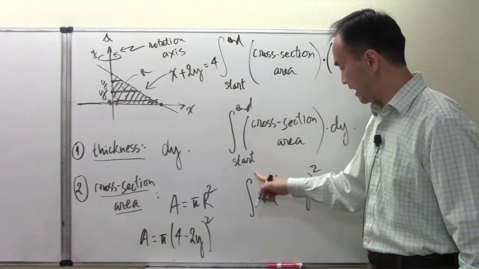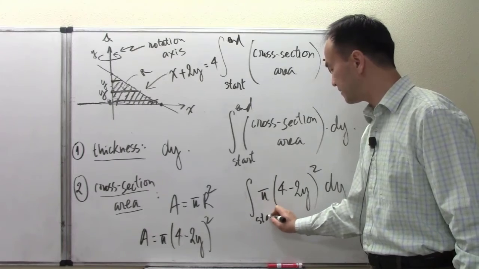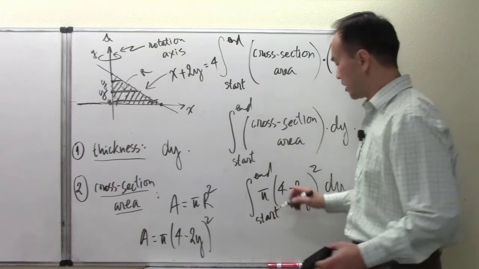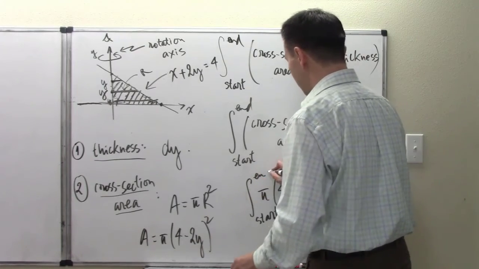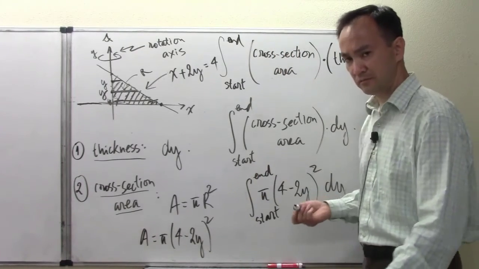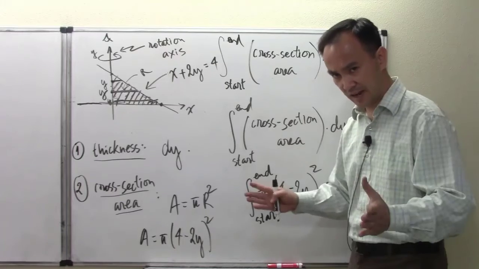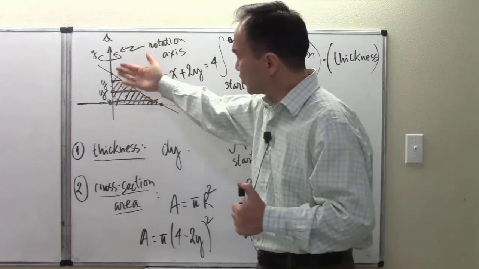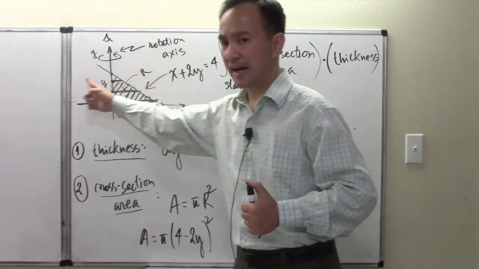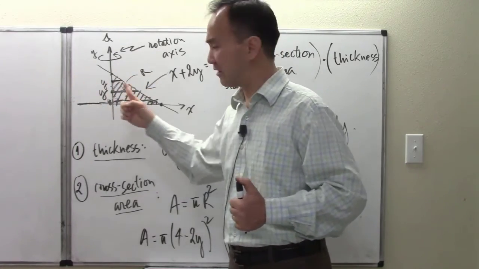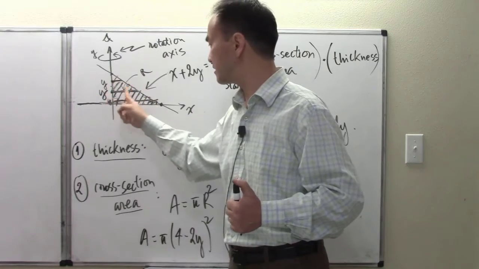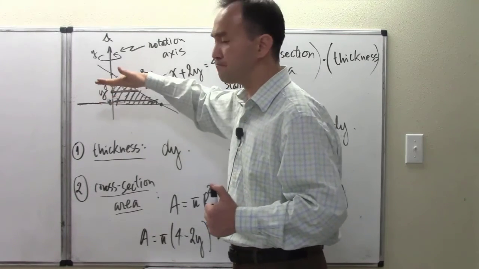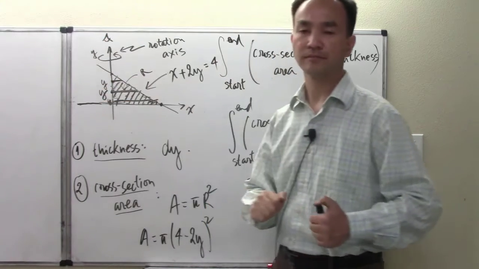Now it's time to find the start and the end of our accumulation. Once again, in my lecture video that had the general discussion about this method, anytime our solid came out from rotating the region around the y-axis, then the accumulation is going to happen from the bottom up.